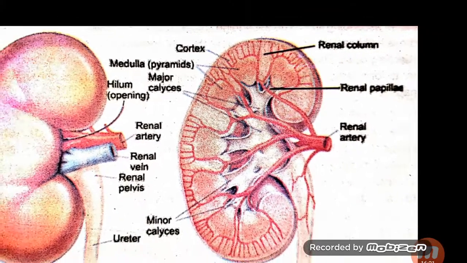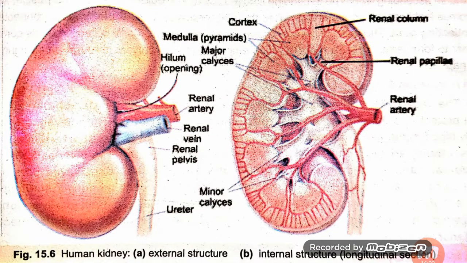Now there will always be a blood supply. There is a vein and an artery that carries the oxygenated blood and that carries away the deoxygenated blood from the kidney. And minor calyces and major calyces.